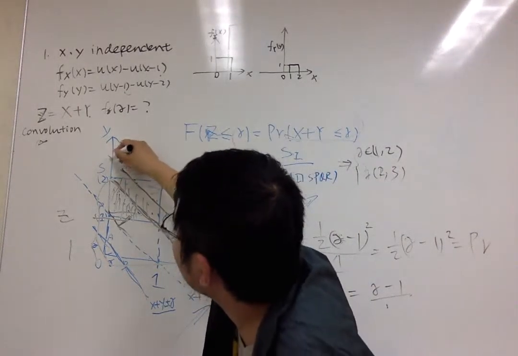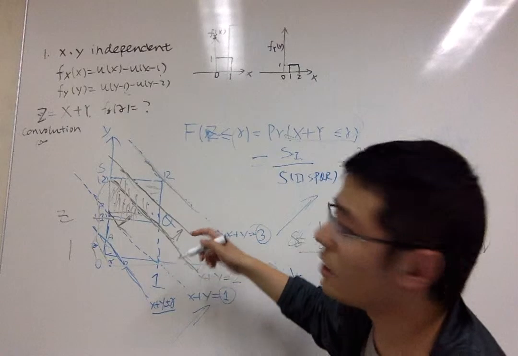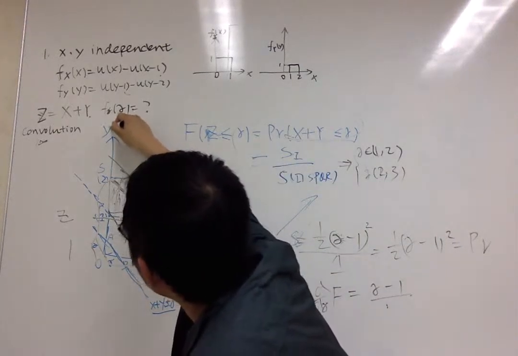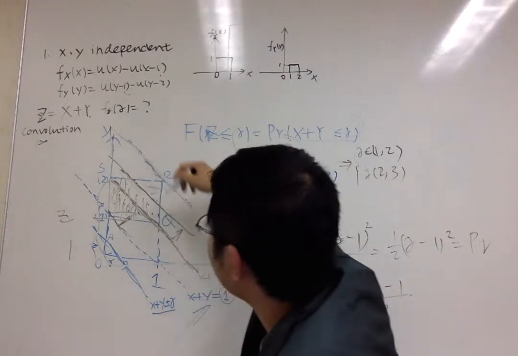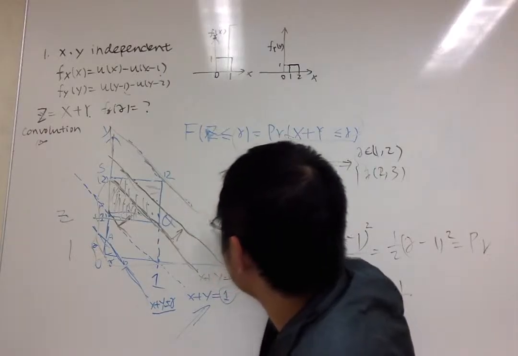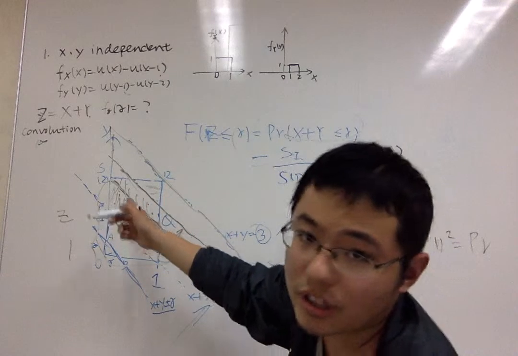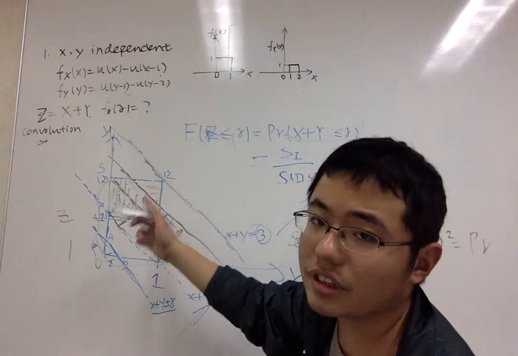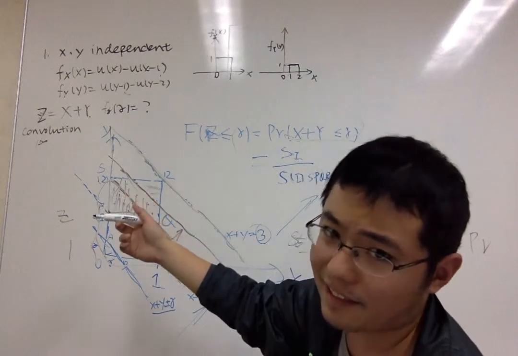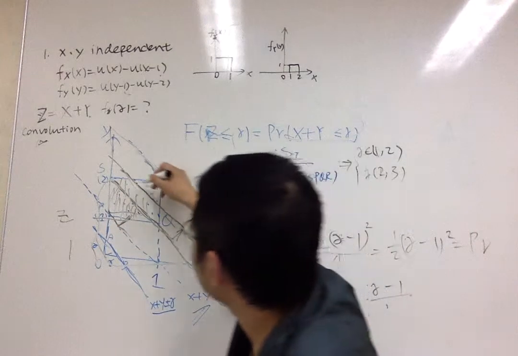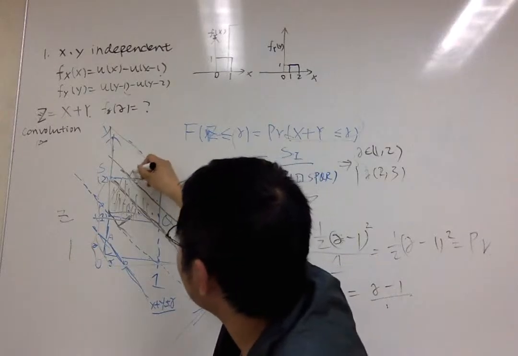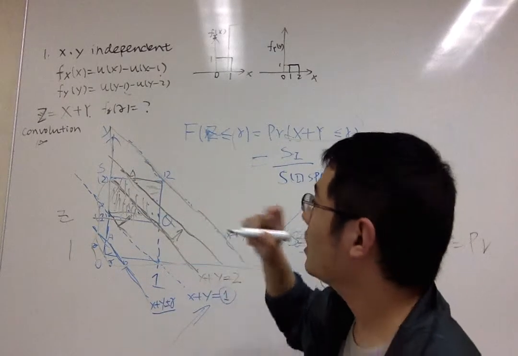So the area of the triangle may not be so easy to see. In order to know the area of the triangle, we only need to know the length of one side, that is the length of AR.